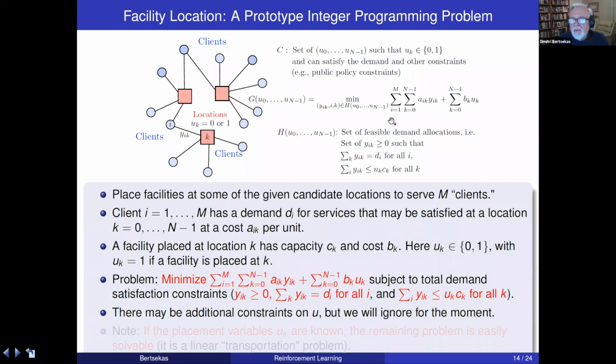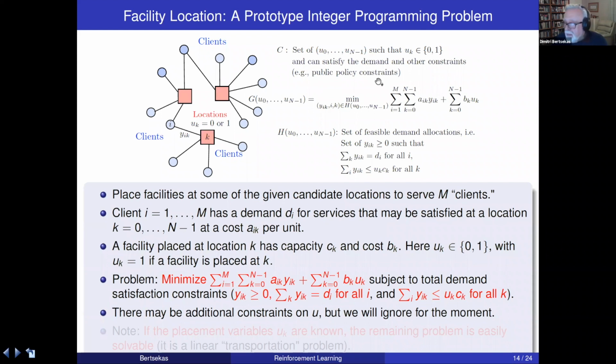This is the definition of the problem and a transcription into our standard form of minimizing G of U over U belonging to C. What is C now? The constraint set is the set of all the U's that are 0 or 1 and also can satisfy the demand and perhaps some other constraints, like some public policy constraints, like zoning constraints.